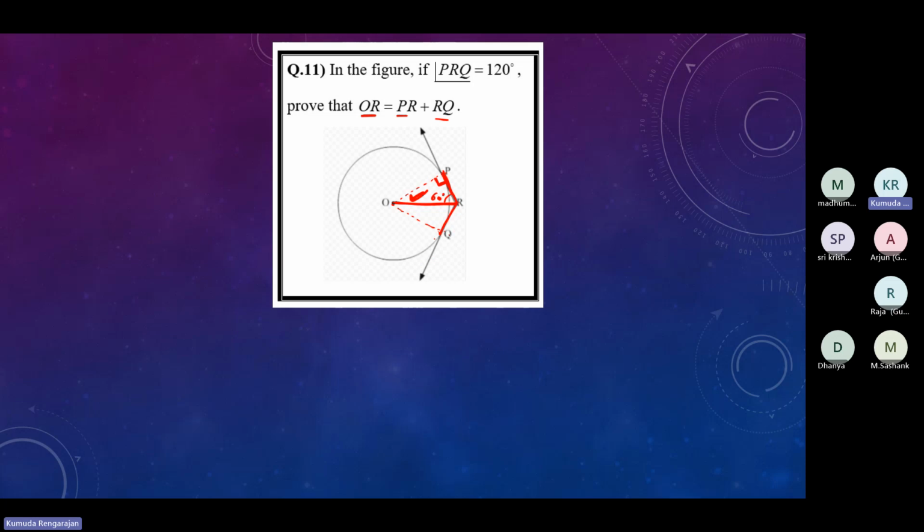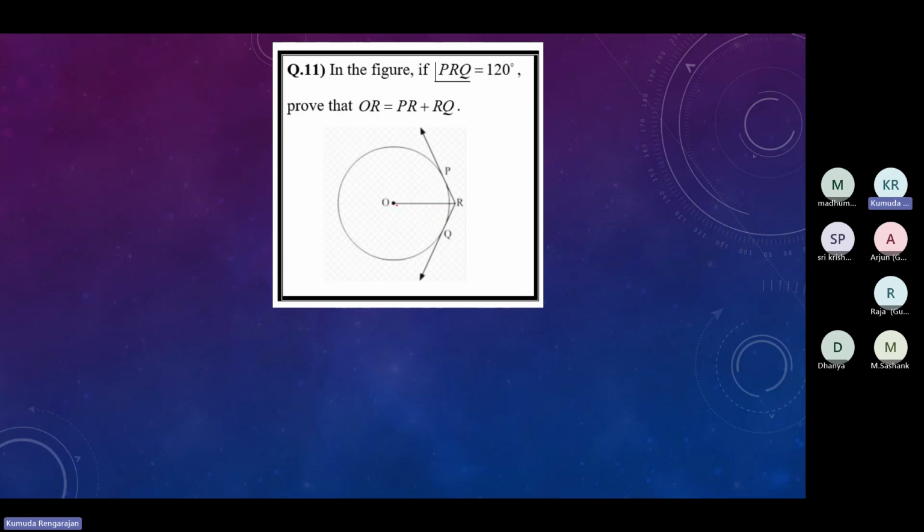Because they are tangents from the external point. R is the external point. We know that RP is equal to RQ. Tangents from the external point R to the circle are equal. So in the result we have OR, then PR, and RQ. No worries. That means it's like PR plus PR only.